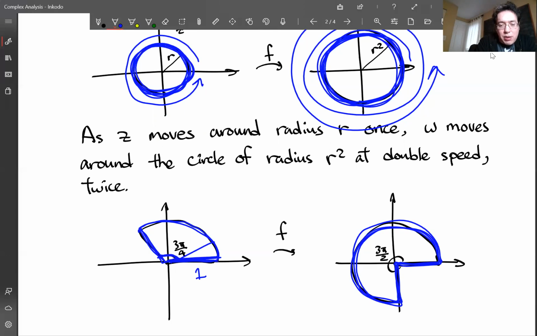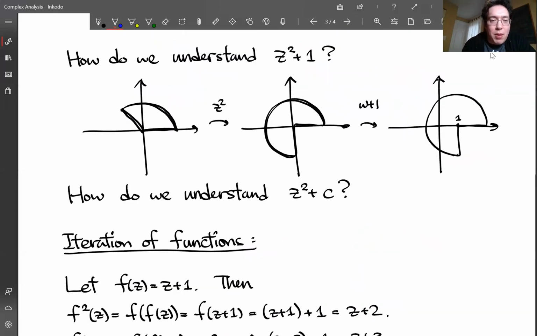Here the angle is 0, so that stays on the positive real axis. And if you look at all the intermediate angles, all these intermediate spokes that I drew should be double the angle of what it was drawn previously. Okay.